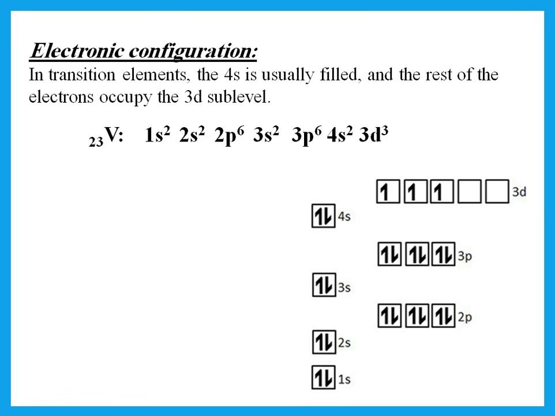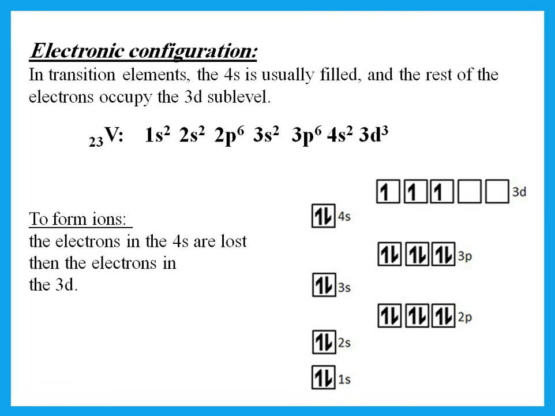You remember that the 3d sublevel has 5 orbitals. We put 1 electron into each orbital first before we do any pairing. So when we form ions, remember that we remove electrons from the 4s first. So while filling the electron configuration, we fill 4s before 3d.